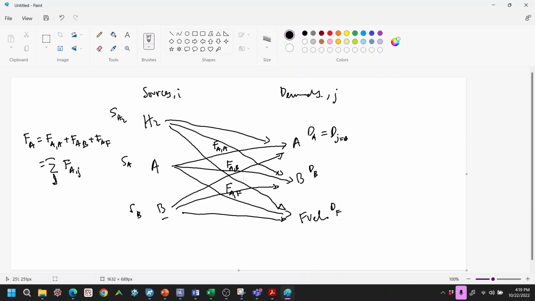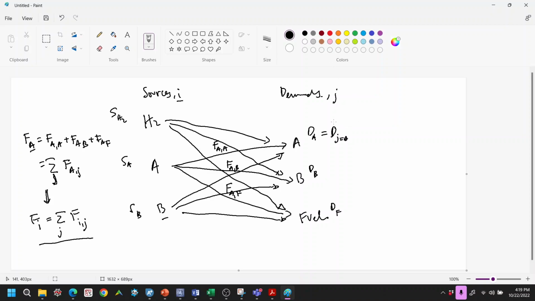So let it be. Because then we can generalize it further. So for every F, because A is then I, Fi equals the summation of J of Fij. Yeah, okay, you got that? So this is then the general formula.